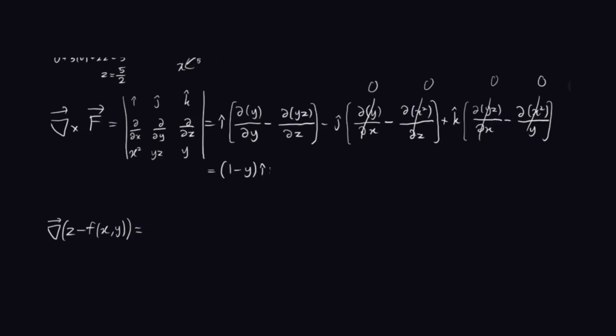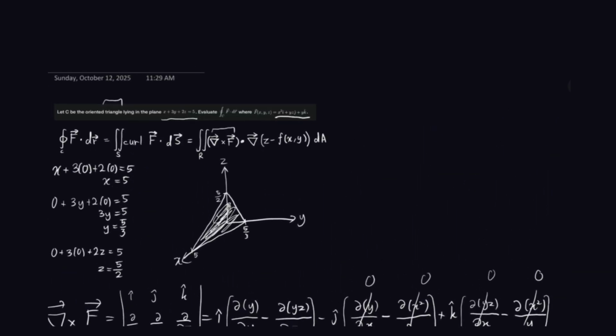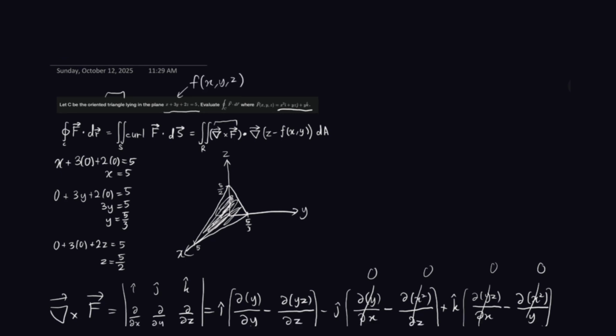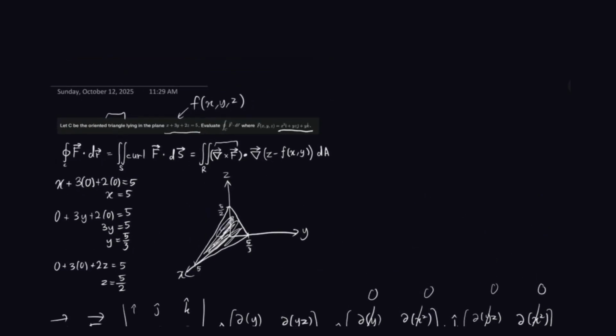The next thing is we want to find this. But how are we going to find it? Well, first thing first, we need to know f(x, y). Actually, this one is f(x, y, z). So how are you going to get f(x, y) only? Okay, it's easy.